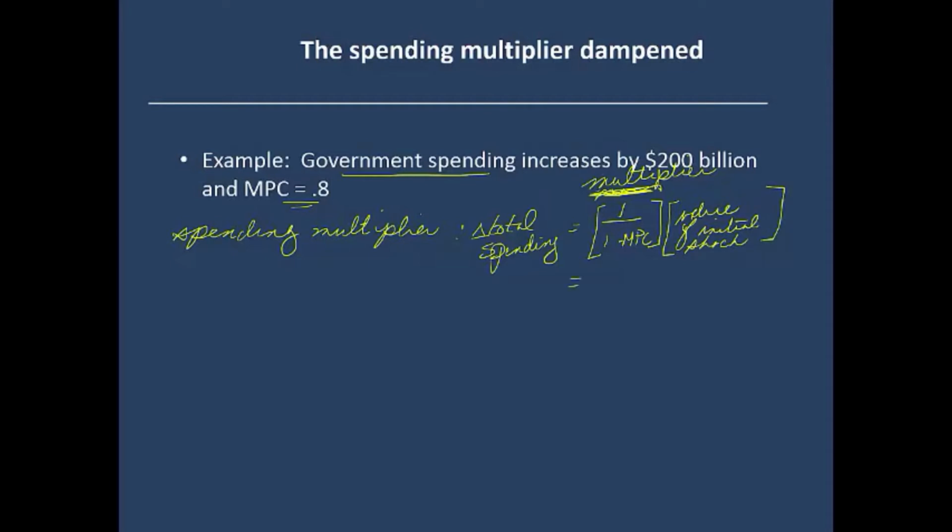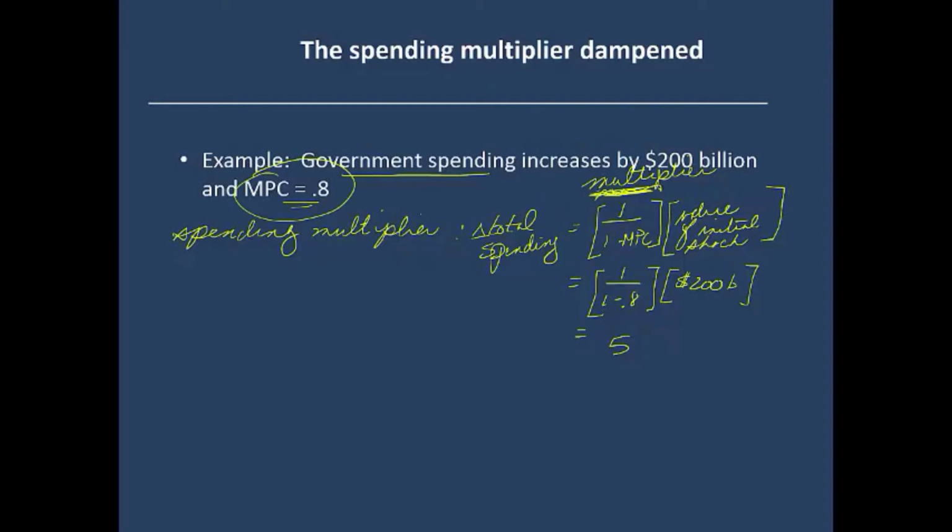So the change in total spending is going to be 1 over 1 minus 0.8 times $200 billion, or 1 over 1 minus 0.8, that's 5. So the value of the multiplier is 5 when the marginal propensity to consume is 0.8.